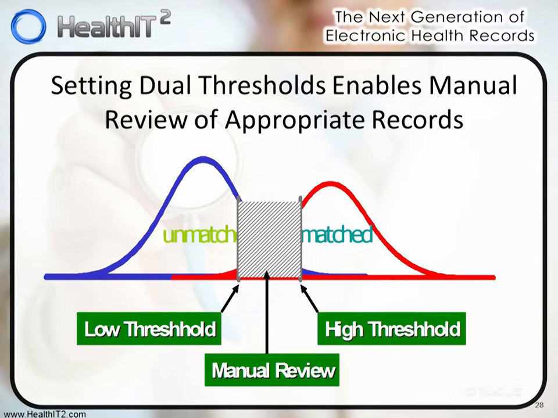So in the event that we had a record that fell in between those two thresholds, it's where we're essentially saying, you know what, the system is not able to accurately make a decision of whether or not these should be linked together or not. And so that manual review allows a data steward, or someone who is more familiar with the data and the environment, to look at these records, maybe do some additional investigation, and decide whether or not they should be linked together.